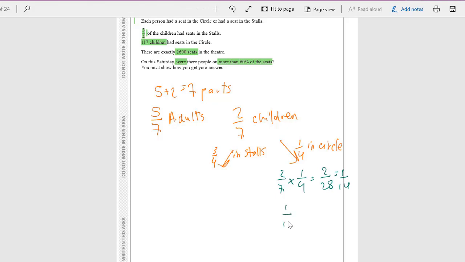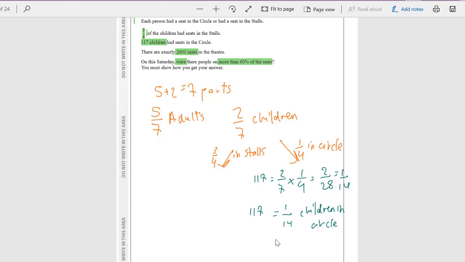So 1/14 of the people are children in the circle. And then we know that this equals 117 children in the circle. So it's given, that number is given to us. So that should be equal to 117. Right?